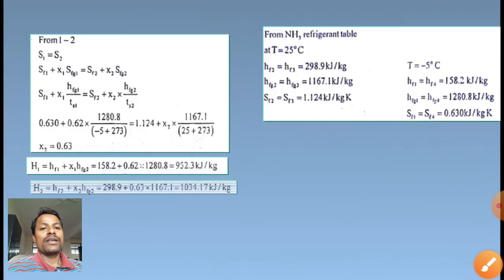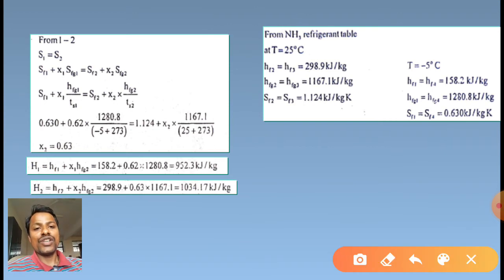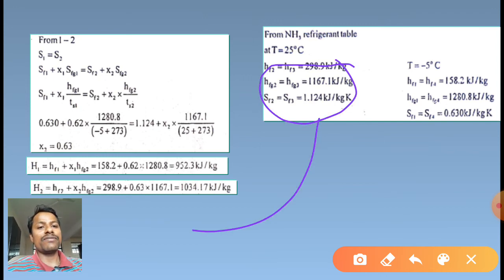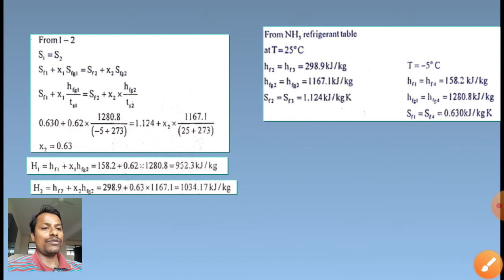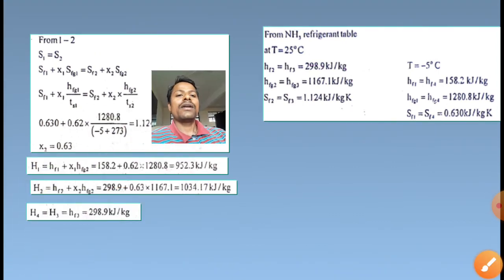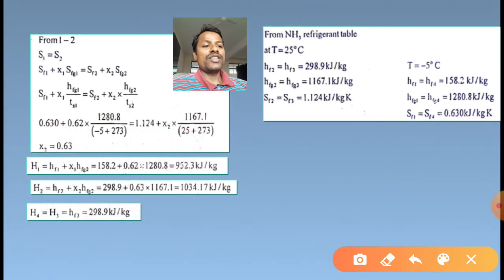Then I will calculate H2, the enthalpy at state 2. Since state 2 is also wet, I apply HF plus X HFG for state 2. For state 2 we have all these values, and in this step we have X2 which we already calculated.